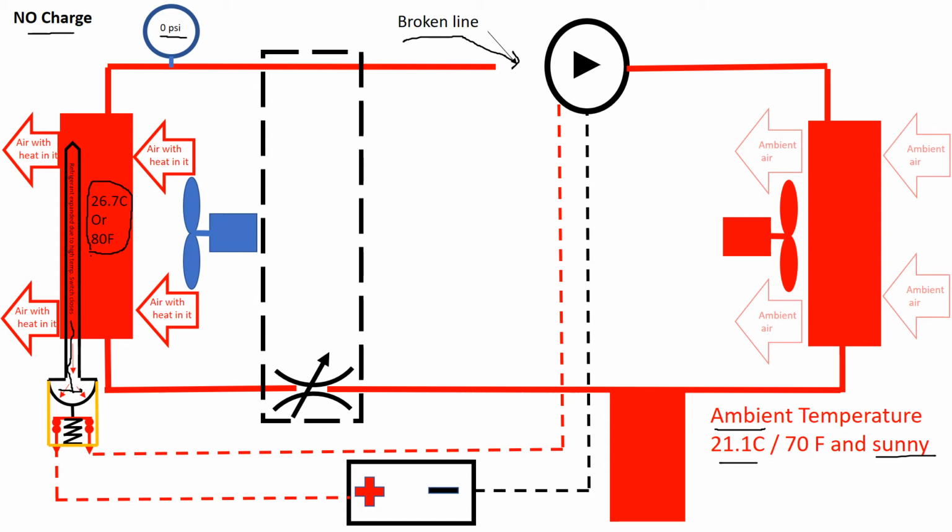That bulb is going to be sensing a high evaporator temperature. It is going to close the contacts right here. And the compressor clutch is going to receive the amperage it needs to engage the compressor.